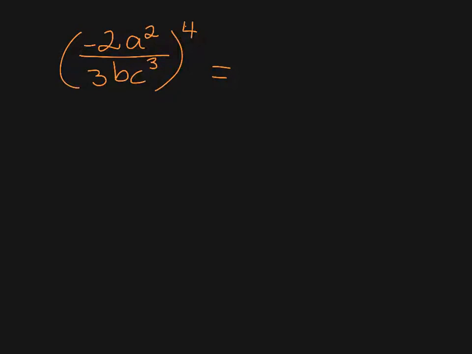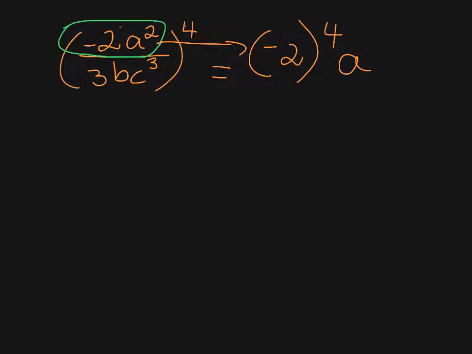We're going to look at this area first. Don't worry about anything else at this stage. So what that's telling us is that we have negative 2, which is here, to the power of 4. So we're taking it out of the brackets and moving it over here. Then we have a to the power of 8. The reason for that is, remember, when we're raising powers to powers, we're multiplying. So 2 by 4 equals 8.